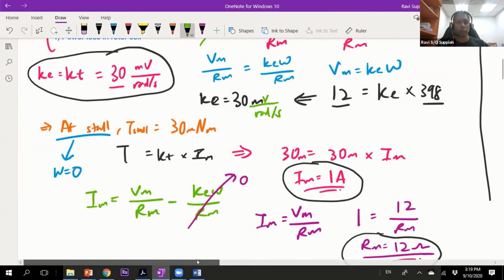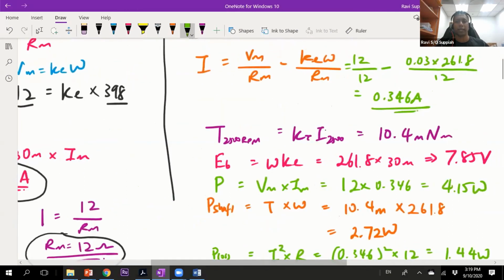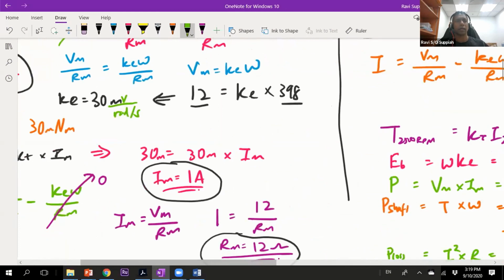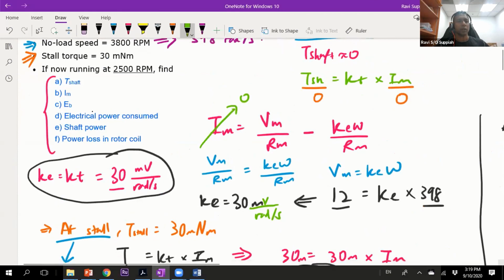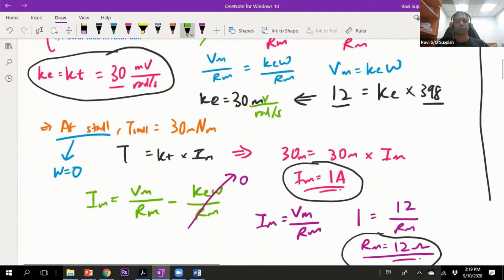This formula, plus the other formulas such as the KtI or the back EMF formula or the power formula, are all using these parameters one way or another. So the first step is to get these parameters from the information that is given to us, and then we can calculate everything step by step. That is basically how you approach question 1.